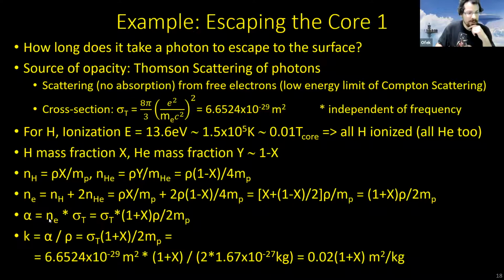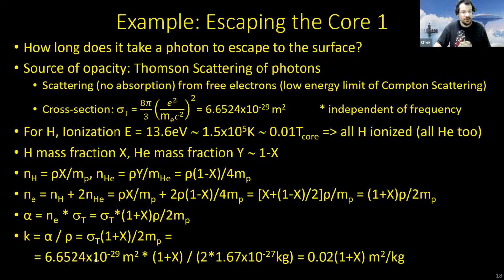Alpha, as we said before, is the Thomson cross-section times this number density. And so we're going to calculate kappa, the opacity, as alpha divided by rho, or the alpha per unit mass density, which automatically gives us this sigma cross-section times (1 plus X) over 2 m_p.